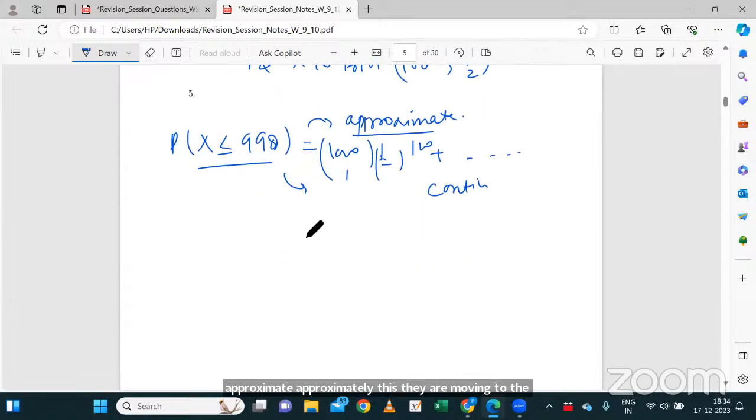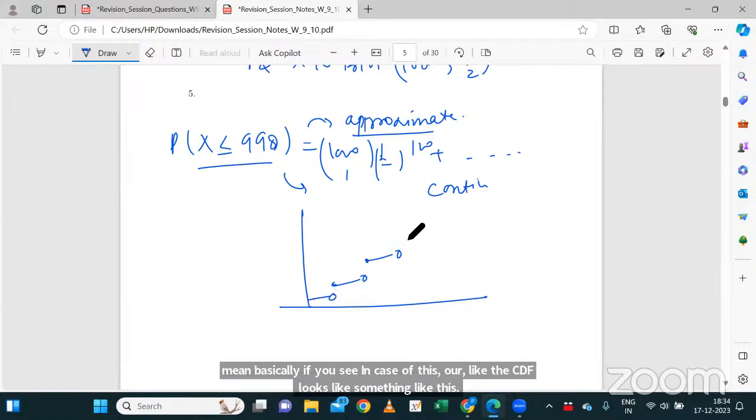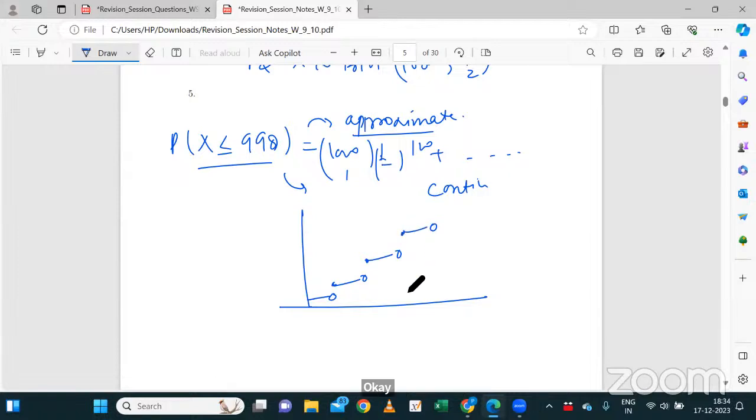If you see, in the case of discrete, our CDF looks something like this. Suppose you have 5 data points, then your CDF will look like steps. If you have something like 1000 data points, then your CDF will be very close, very close, right?